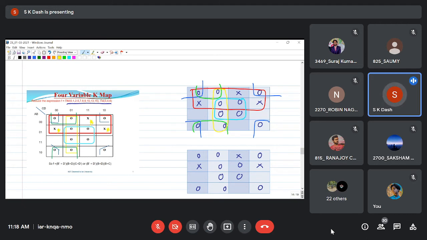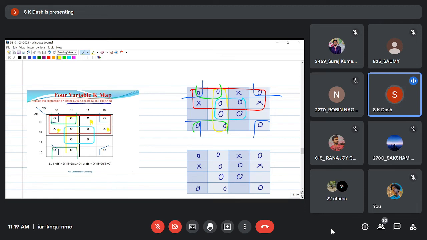But all of them, they are don't care. What I told, if a combination is getting essential because of don't care, then don't consider that. Then it is not an essential combination, because don't care can be 0 or 1. So we cannot say that it is essential, because we can take that cross as 1 also. So that octet is not essential.